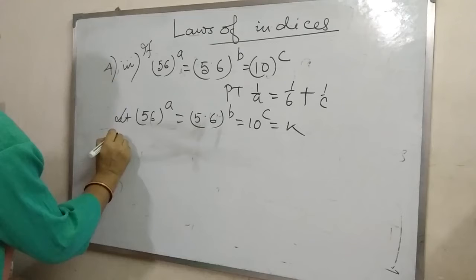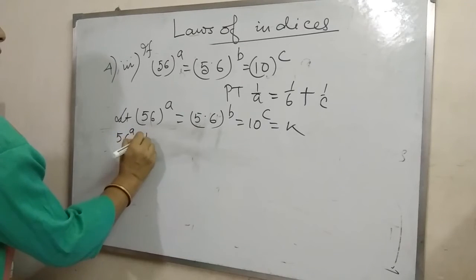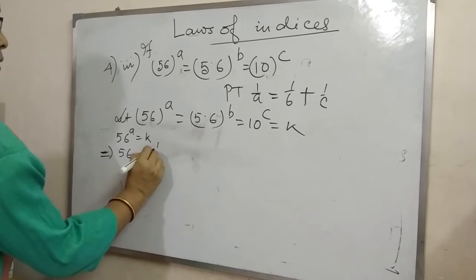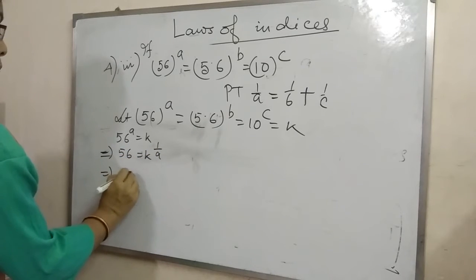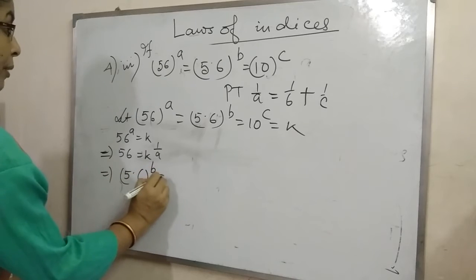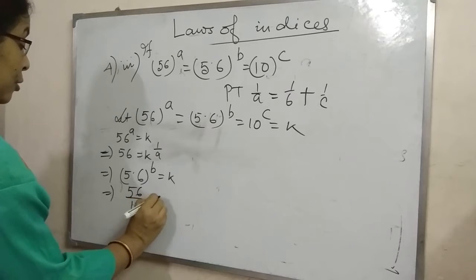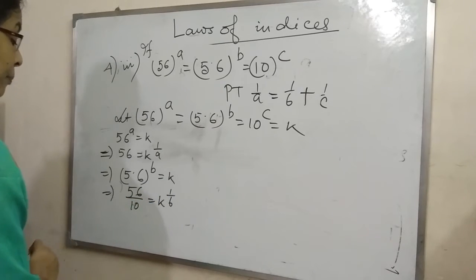I have 56 to the power a equal to k, so I can write 56 equal to k to the power 1 by a. 5.6 to the power b equal to k, so I can write 56 by 10 equal to k to the power 1 by b.